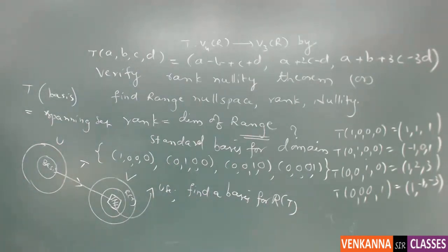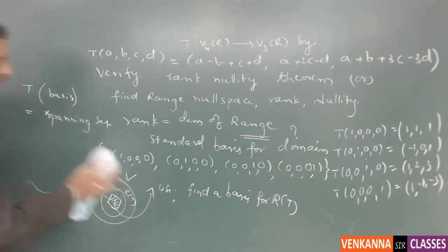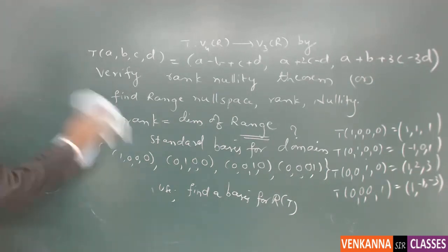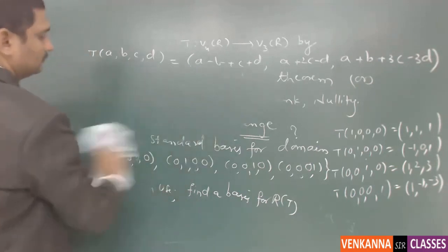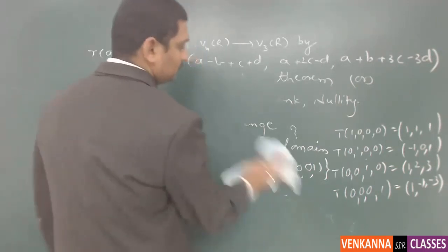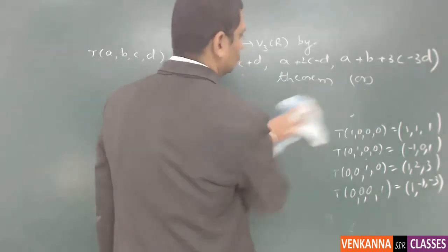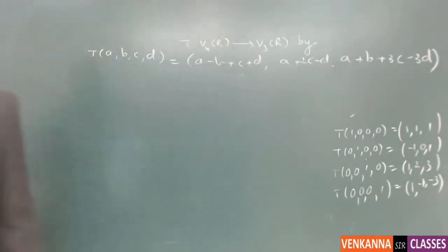Applying the condition of T, say, any doubts? Now using those vectors, it is nothing but a spanning set, we will find a basis for R of T. So how is it to be done?